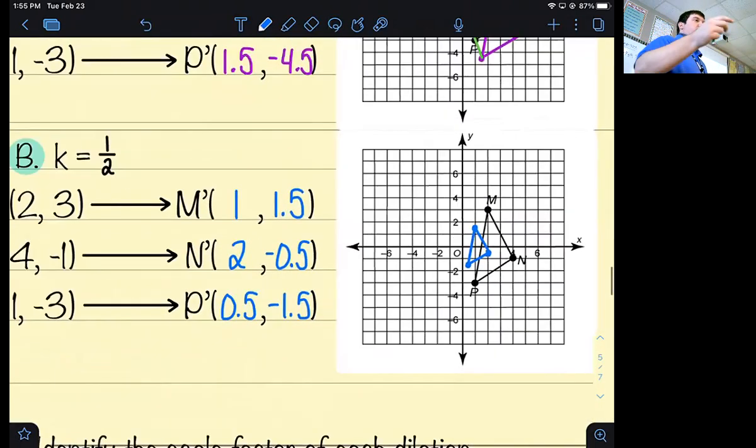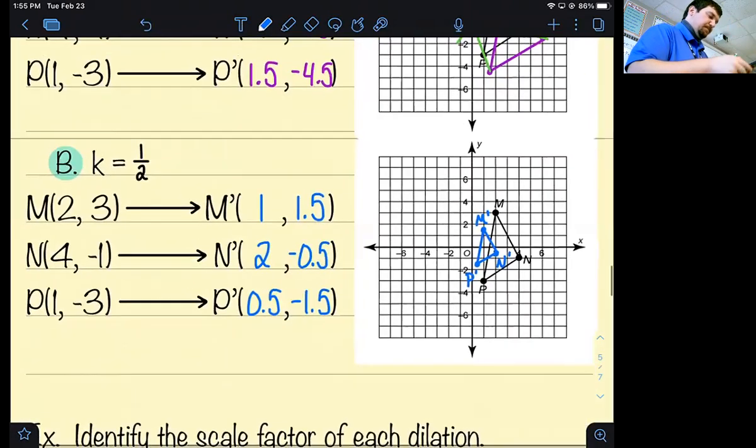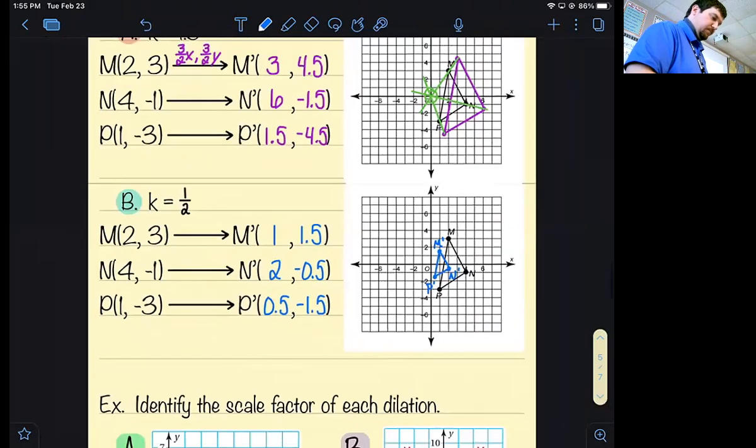And again, I could draw lines that all intersect there at the origin. This is my P prime, my N prime, and then my M prime right there. The direction of the shape doesn't change. It's not rotated or reflected at all. It's just literally shrunken.